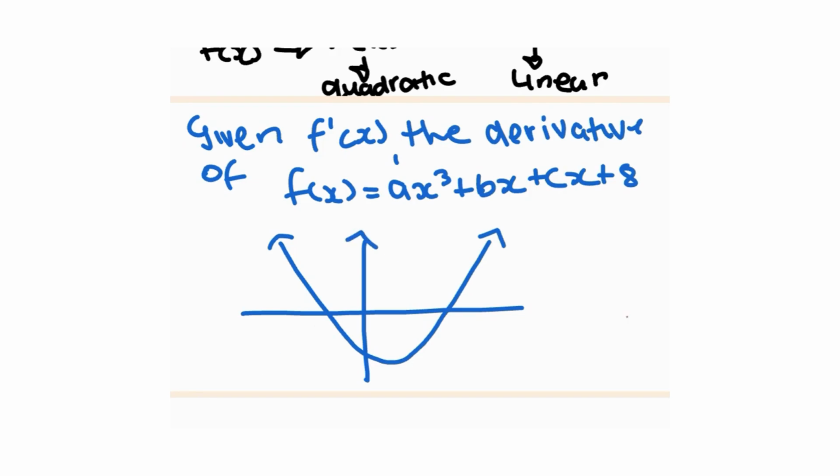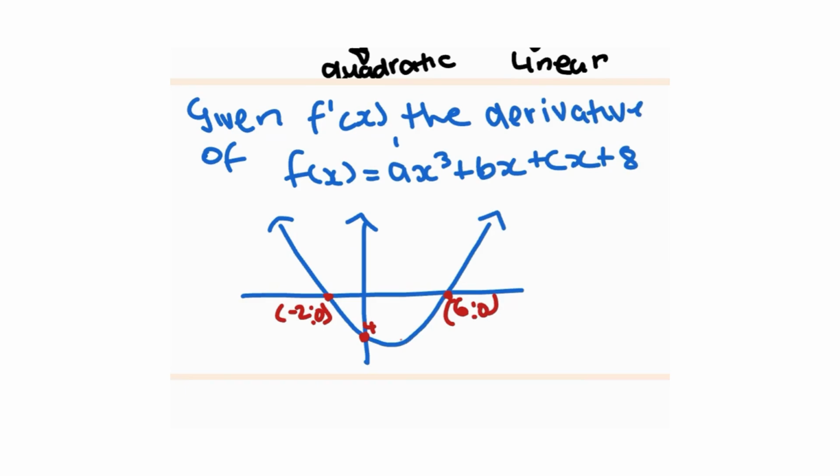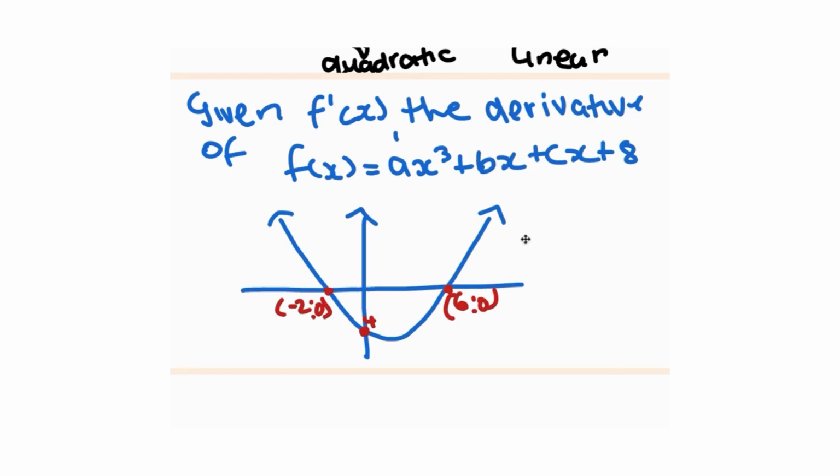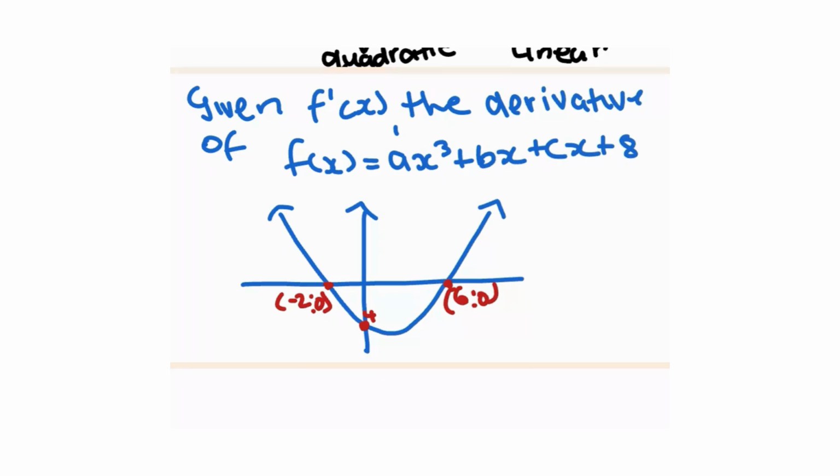And our coordinates on the graph, we have -2 and 0. We have a 4 there. We have 6 and 0. Because they want us now to find the original, we are still going to take that and derive it.